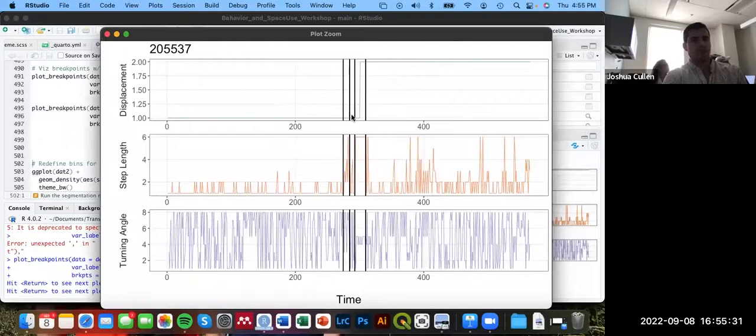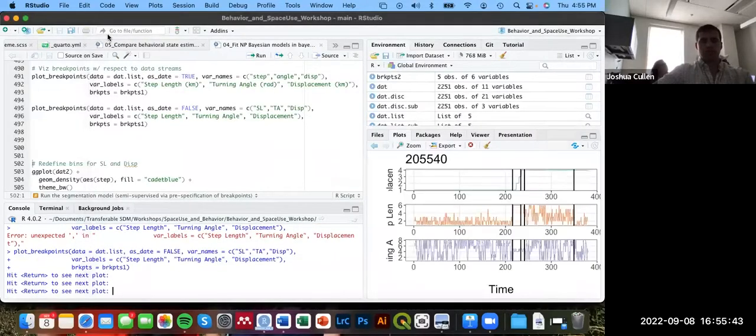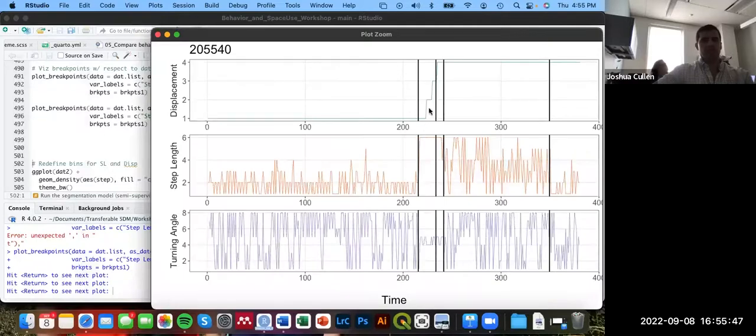We still have this large shift in the displacement during this segment. Can't see anything going on in these earlier ones, but this is likely due to the step length. And you can go through each of these others. For this individual, it's almost like a staircase of changing displacement.